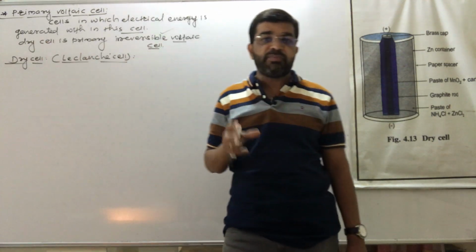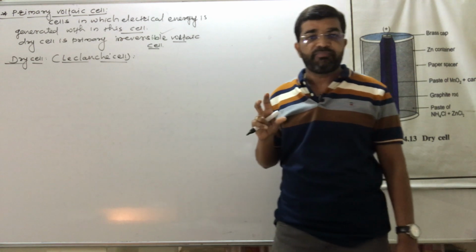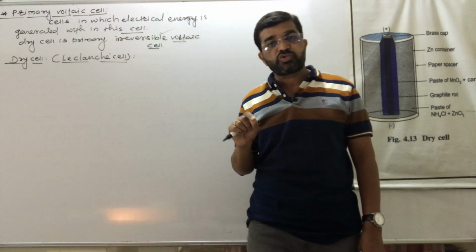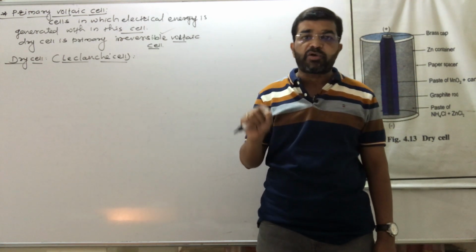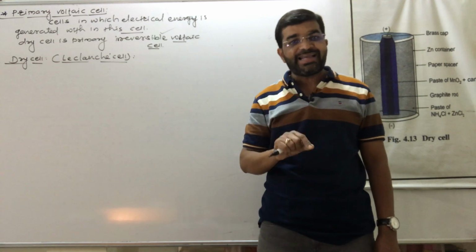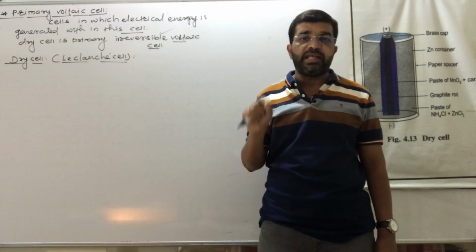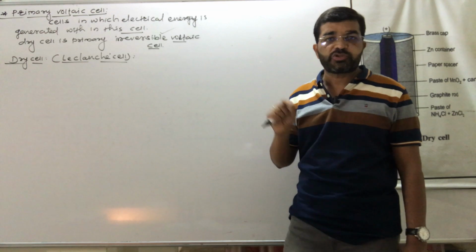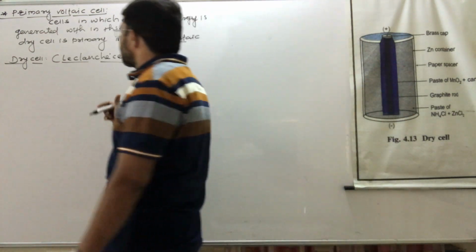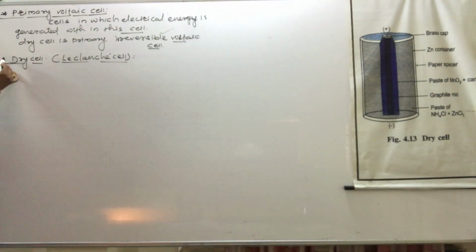Modified Leclanche cell means what? In the Leclanche cell a liquid electrolyte is used, but in the dry cell a paste of electrolytes is used, so it is a dry cell. Now we know that the dry cell is a primary irreversible voltaic cell.